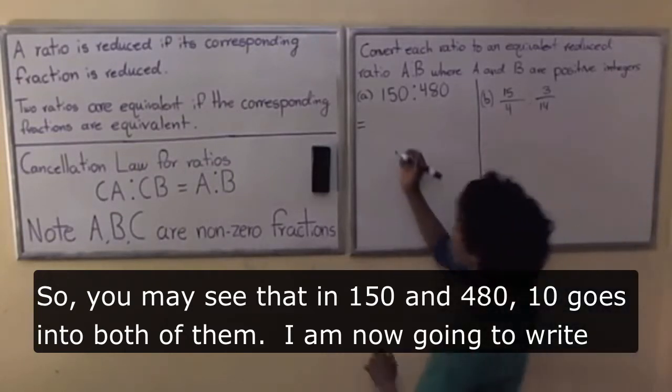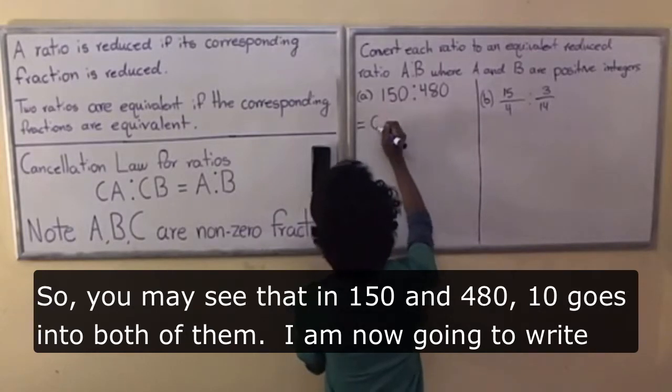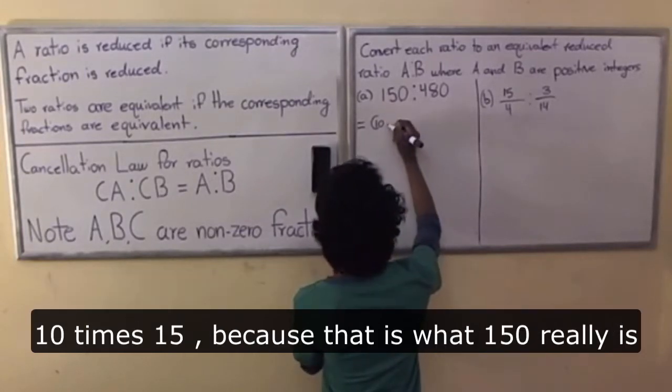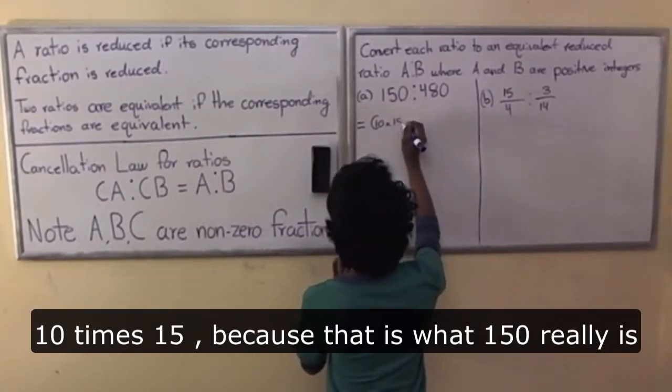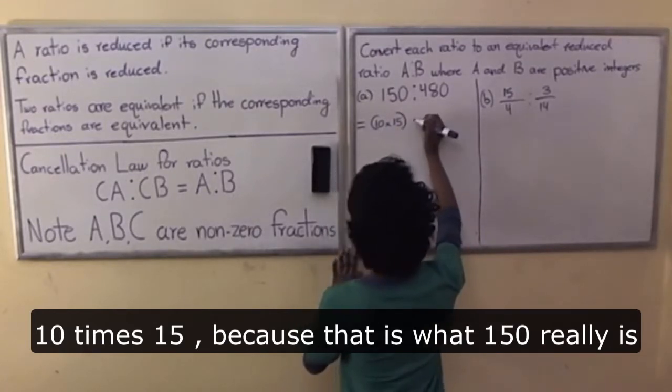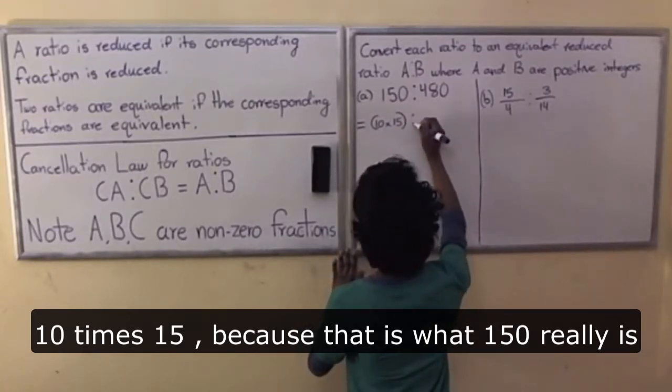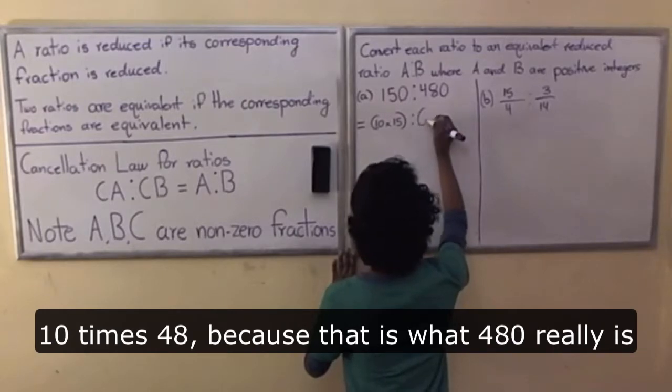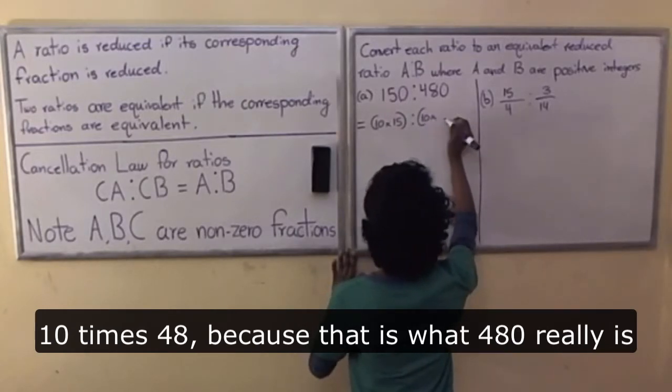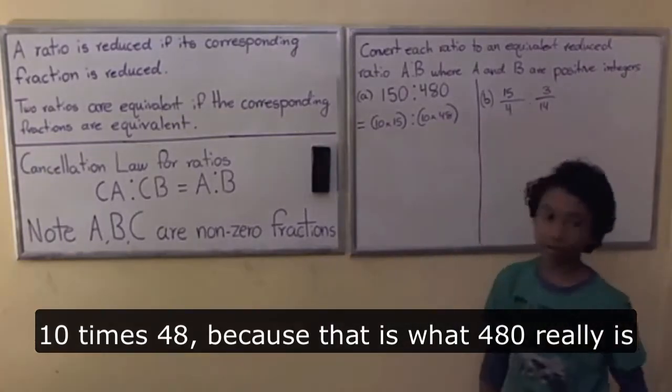I am now going to write 10 times 15, because that is what 150 really is, to 10 times 48, because that is what 480 really is.